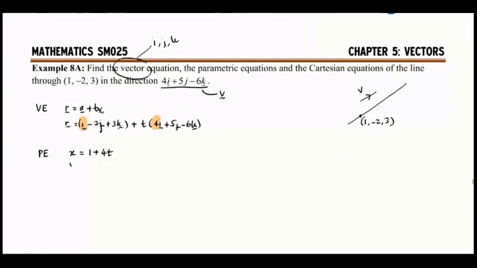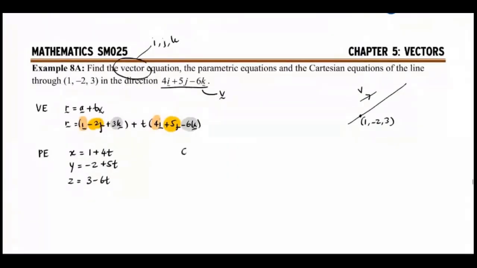And then for the Y, we are looking for the J. It's gonna be -2 plus 5t. And then for the Z, we are looking for the K part. So it's gonna be 3 minus 6t. Okay, so that one PE.